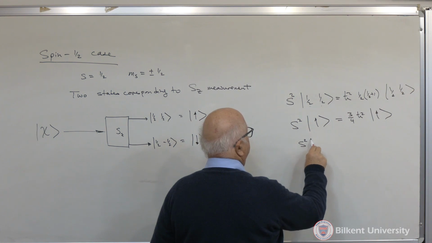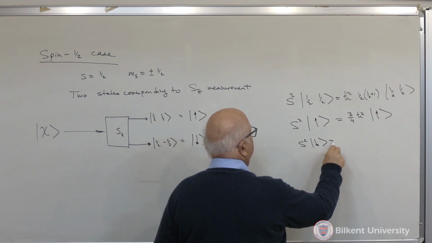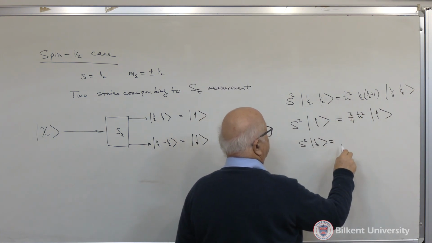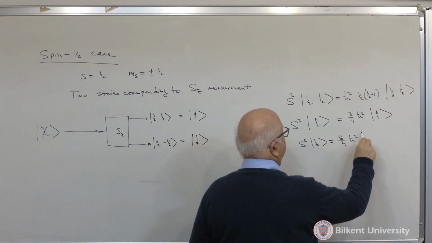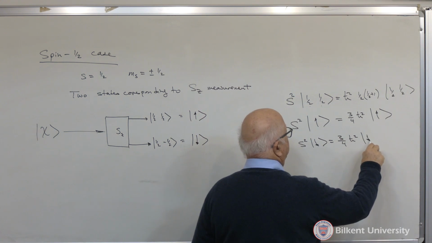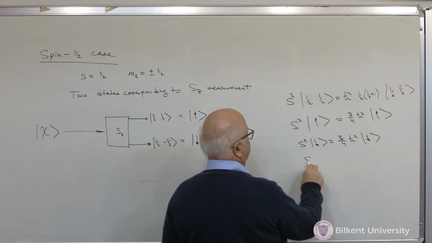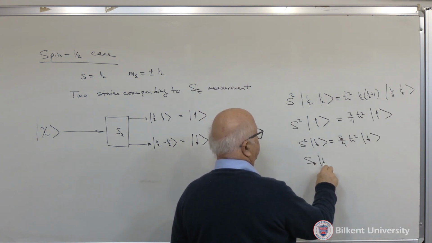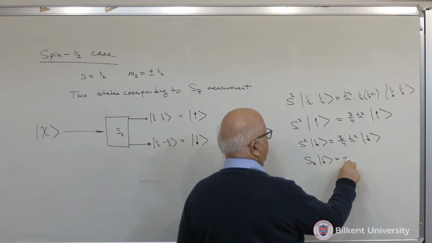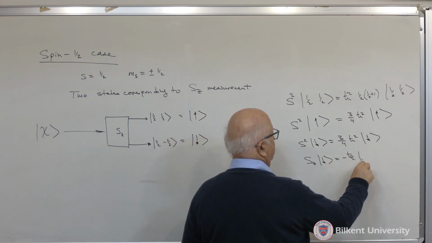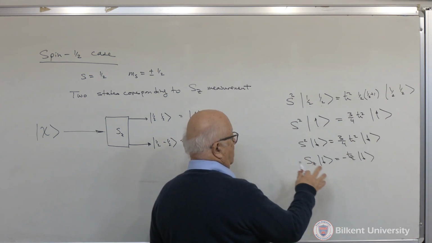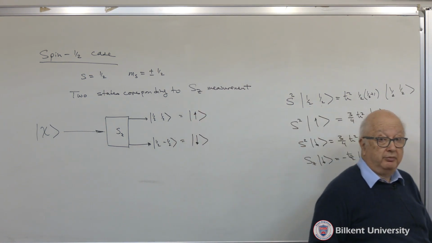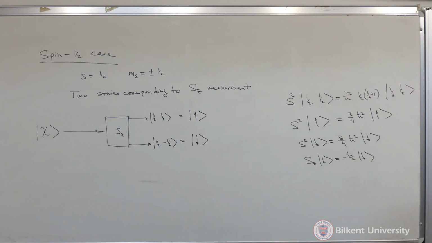S squared downspin is going to give the same thing, 3/4 h bar squared downspin. But if I look at S_z downspin, then it's going to be minus h bar over 2 downspin, right? So those are the properties.